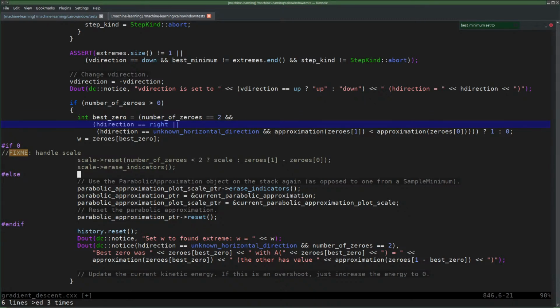So the erase indicators has been copied. That was used here, now it's used again. And the scale reset is this call. And I'm also switching to a scratch area thing on the stack. The difference is that in this case, either we kept the scale despite resetting it, or the scale was set to the difference between the two zeros.